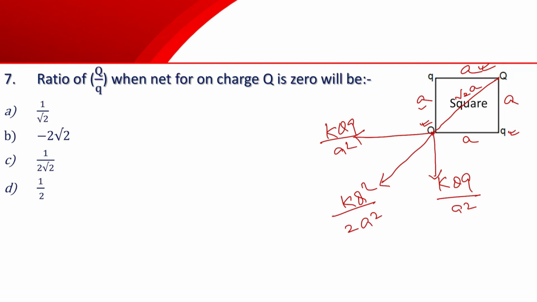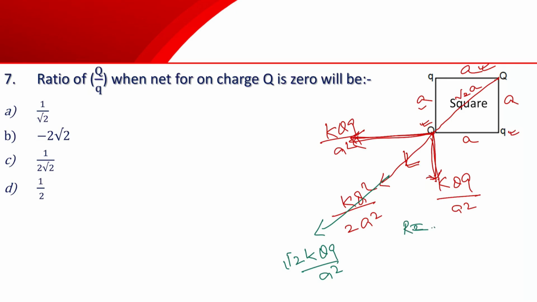Okay. See, if we find the resultant of these two forces in this direction, then it will be equal to root 2 kQq by A square. Why? It is a vector, the resultant of vectors.